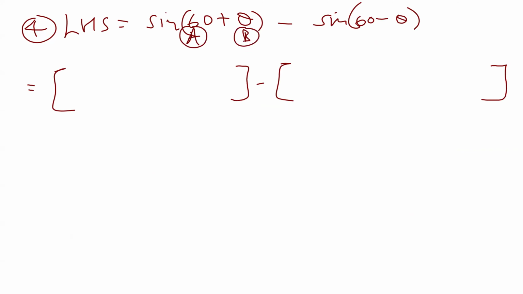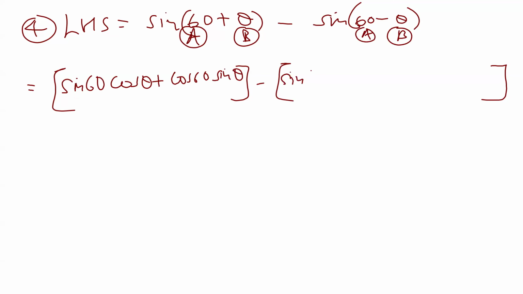So sin(A + B) is sin A cos B plus cos A sin B. And this is A and this is B, so it is sin A cos B minus cos A sin B. So we have applied those formulas.